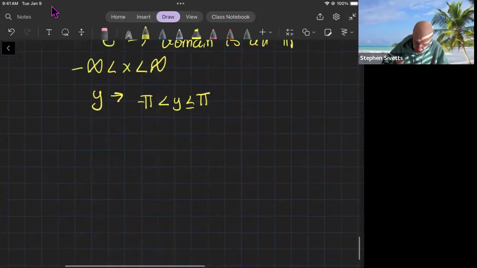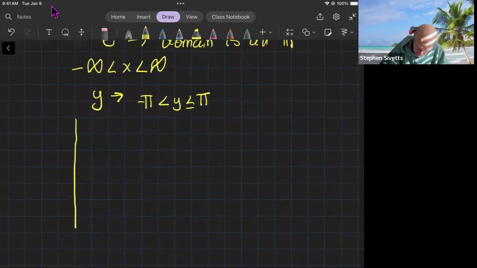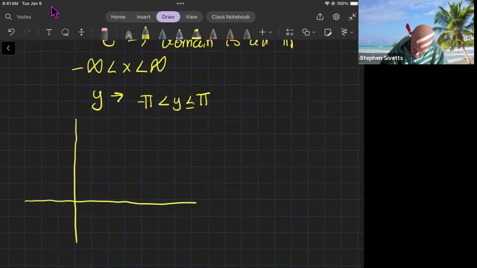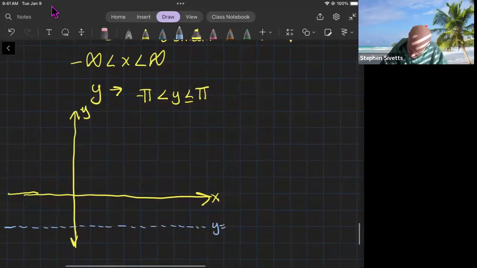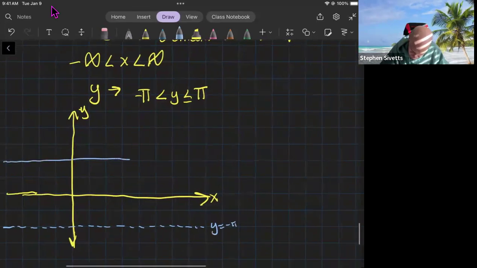All right. So the fundamental region in the complex plane would be just an infinite strip. Okay, so this would be an infinite strip. So minus pi would be here, and then pi would be here.